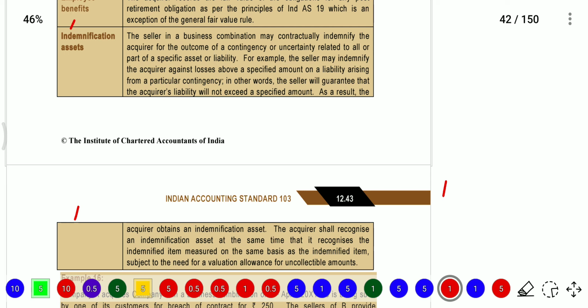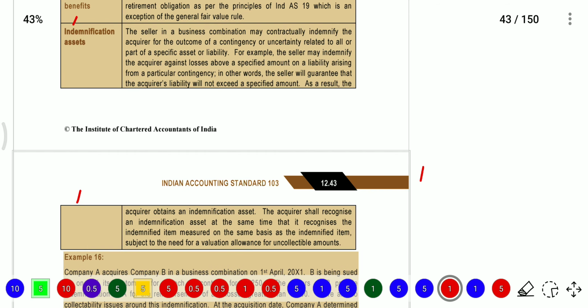As on the acquisition date we see the value, consider the time value and present value of remaining lease payments, and we also measure the ROU asset at the same amount as the lease liability. These are the recognition and measurement exceptions that were provided.